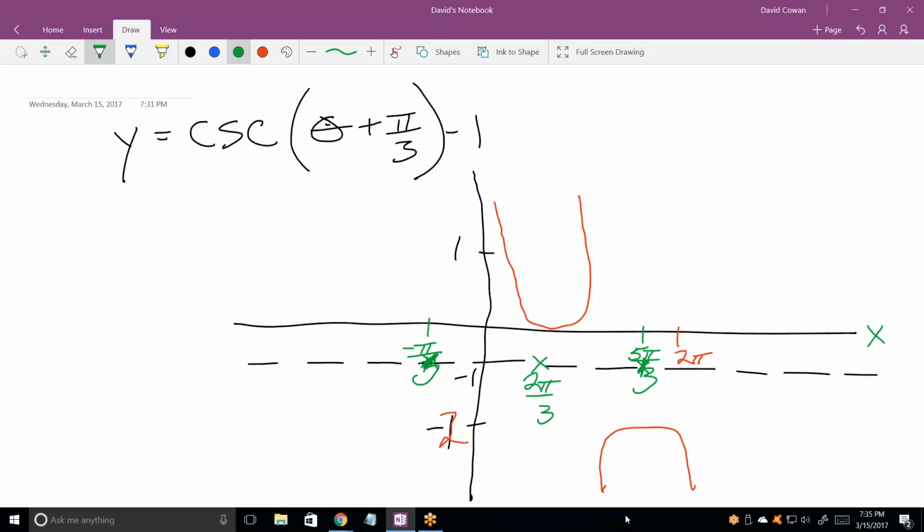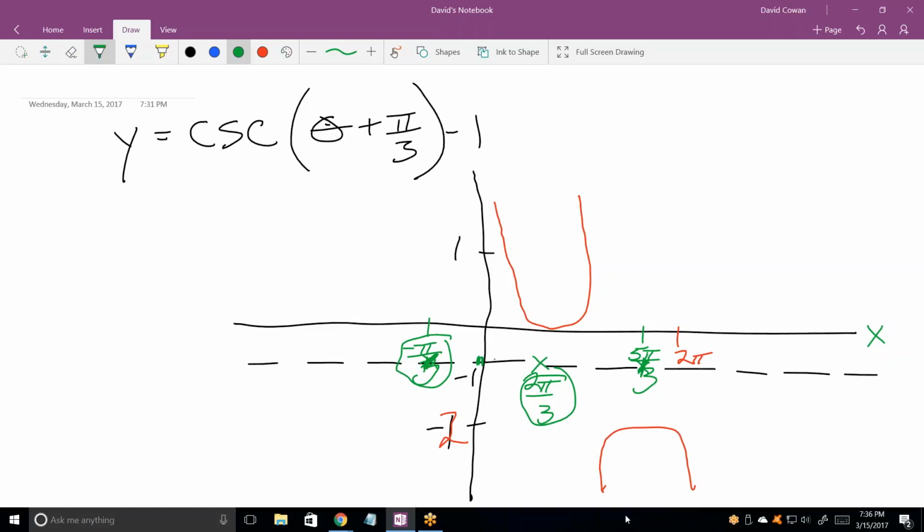Where's this spot? 2 pi over 3 plus 5 pi over 3 equals 7 pi over... Oh, whoops, sorry, I did the other one. To split this one up, add this to this and divide it. That one is pi over 6.